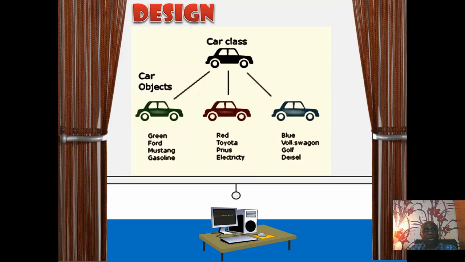The cars can brake, that's a method. The car can sound its horn, that's a method. It can produce a sound. So all those actions these objects can perform are what we call methods, and we're going to be creating a method in this tutorial.